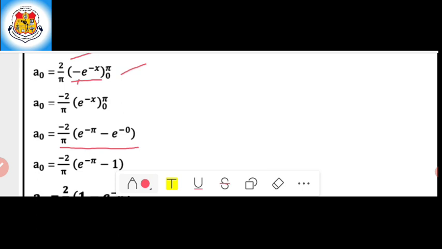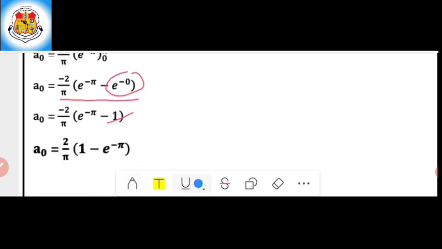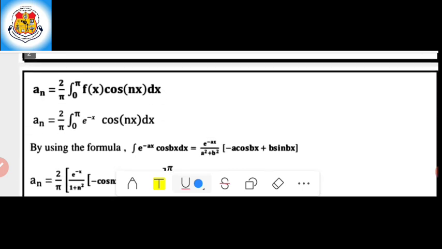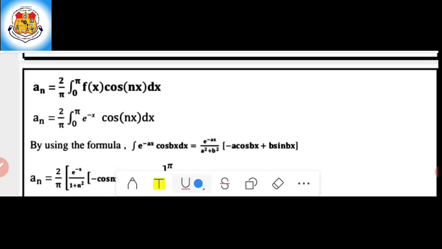We know that e raised to minus 0 is 1, and e raised to minus pi we keep as it is. So we get the value by absorbing this minus sign into the bracket. So we get the value of a0 as a0 is equal to 2 by pi in bracket 1 minus e raised to minus pi. Now we find the next Fourier coefficient an.